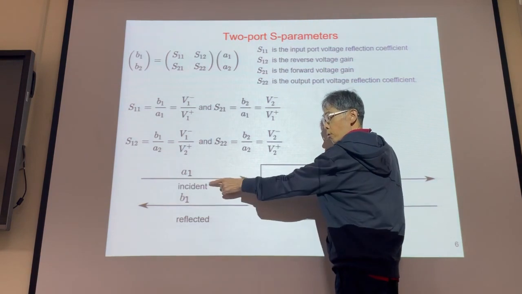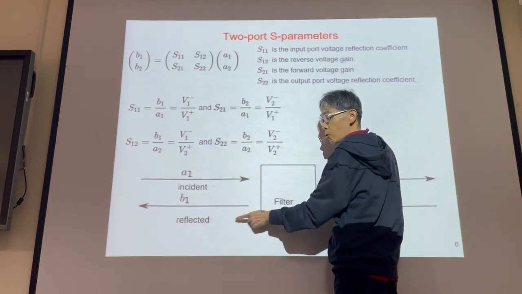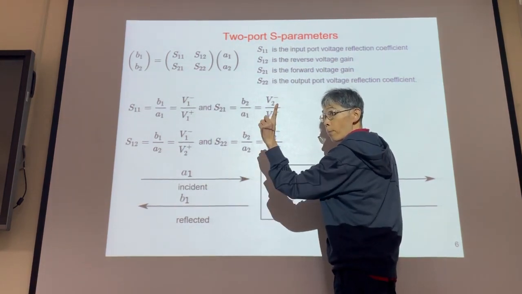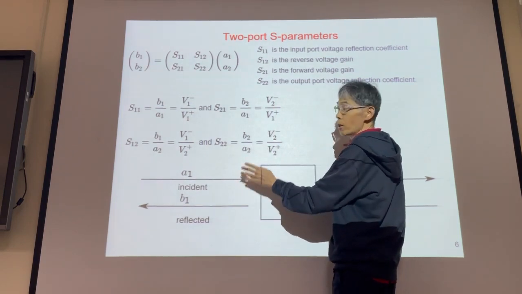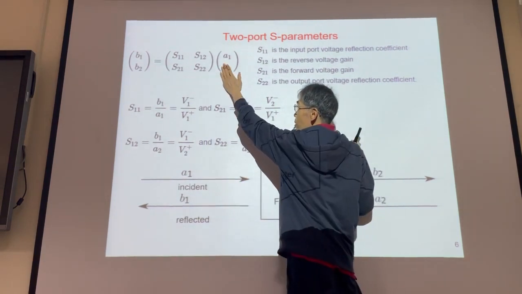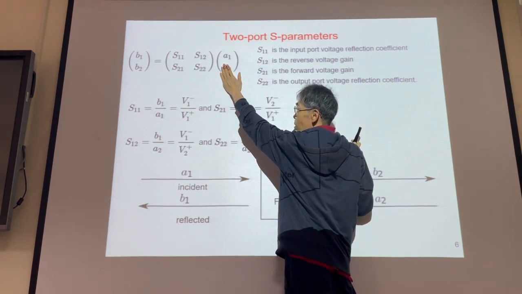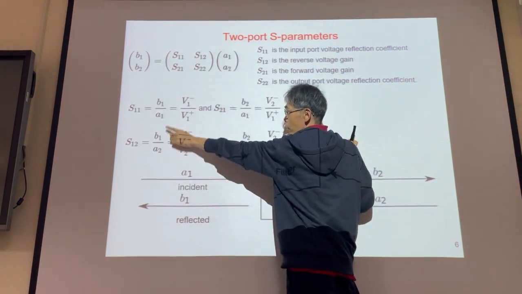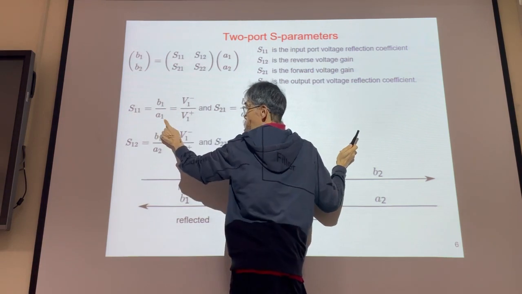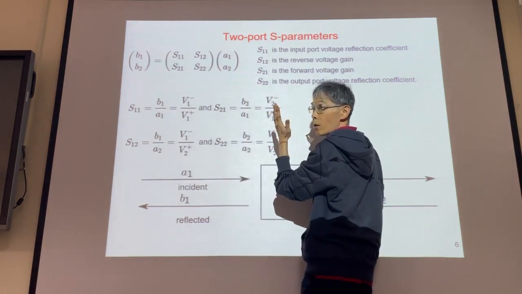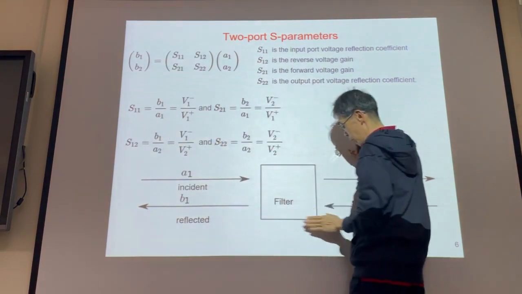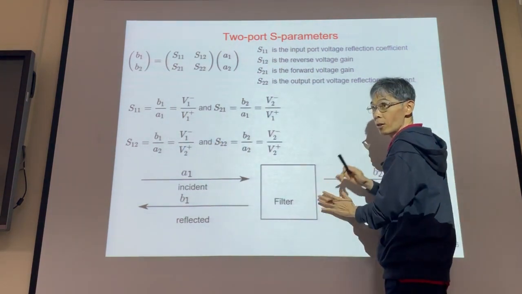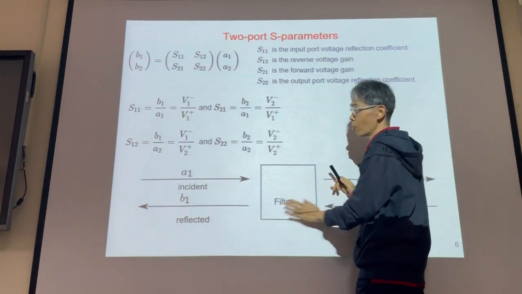We just put a signal in and measure the output signal. Just one port measurement. For a one port measurement, there's no A2. So B1 equals S11 A1. This is under the condition that we don't consider port 2, just one port.